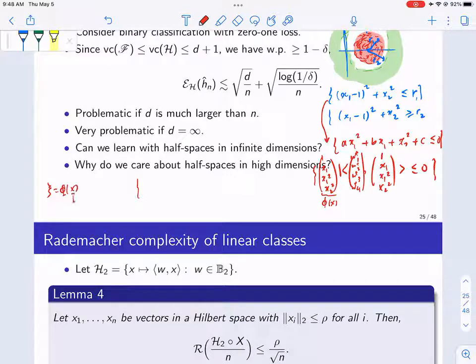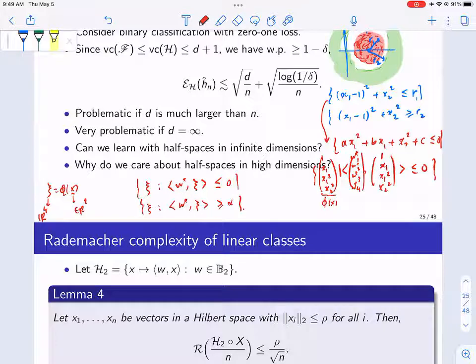This was in R2, and this is now in R4. So this is all z such that w star z is less than or equal to 0. The other one is z bigger than or equal to something else, like alpha.